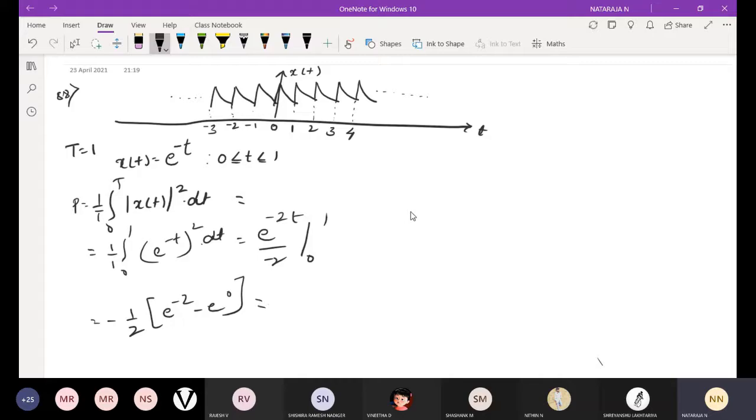Substitute the values. Tell me the answer. E power minus 2 minus e power 0, minus of this minus into plus, we will get 0.433 watts.